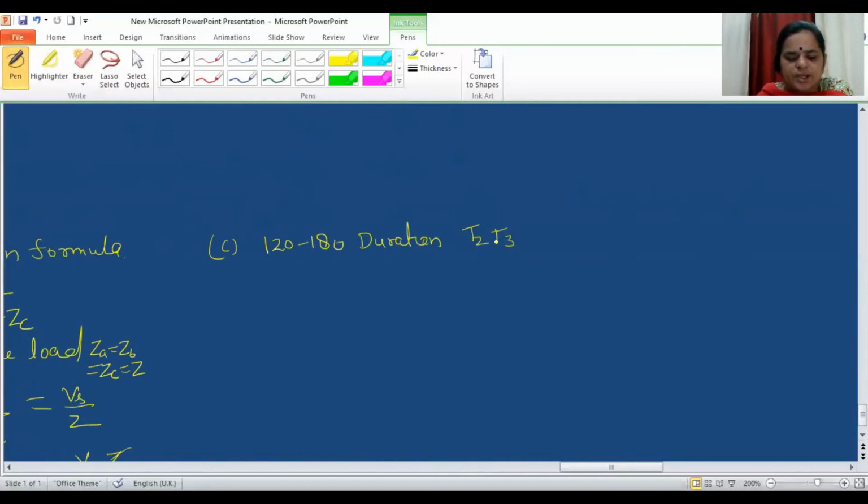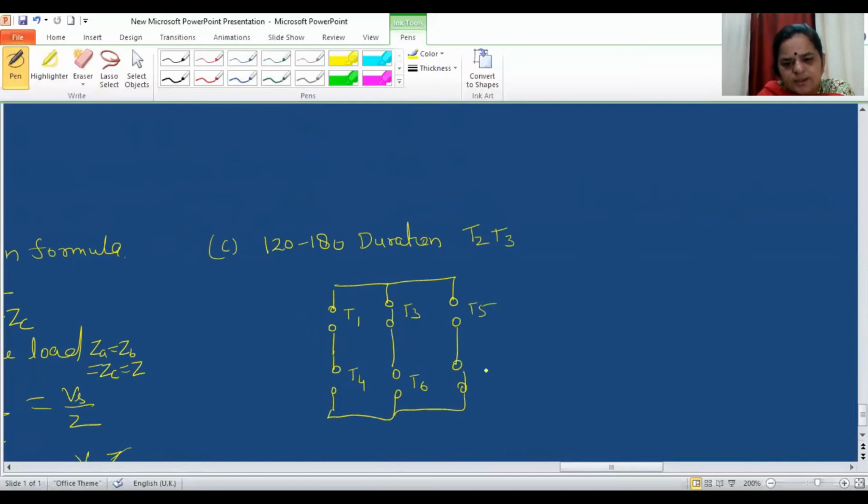T2 and T3. So if I draw the equivalent circuit, T1 will be open circuit, T4 will be open circuit, T3 is now short circuit, T6 is open circuit, T5 is open circuit, and T2 is short circuit. So this will be the circuit and it is connected to the DC supply of Vs voltage.